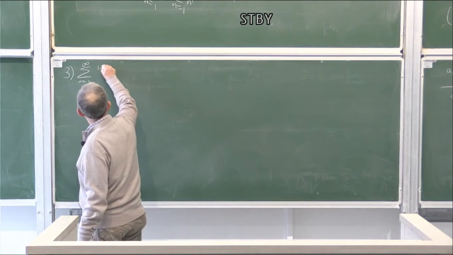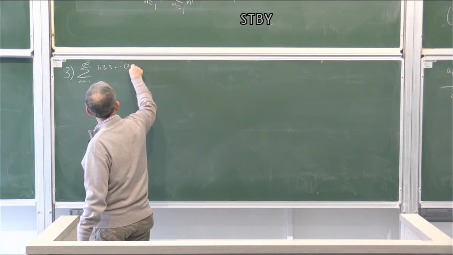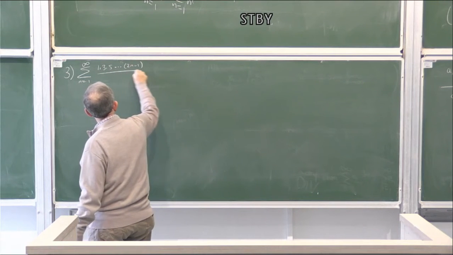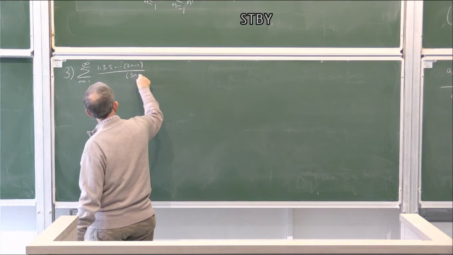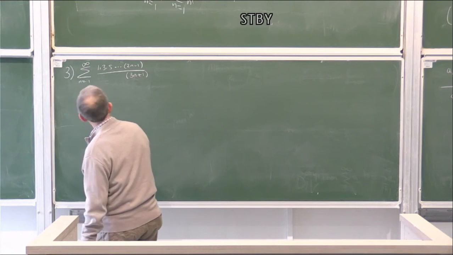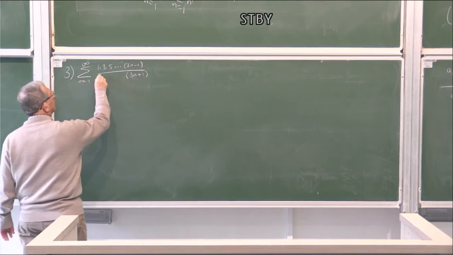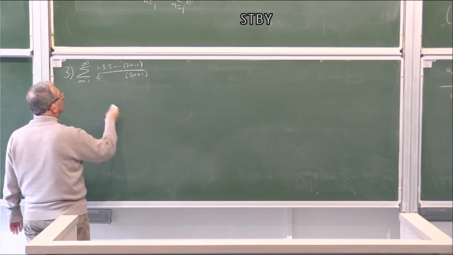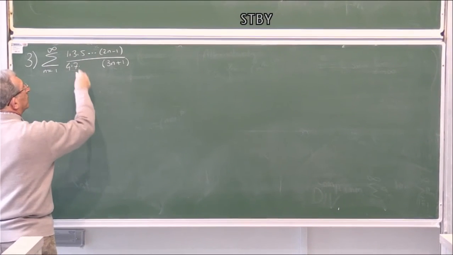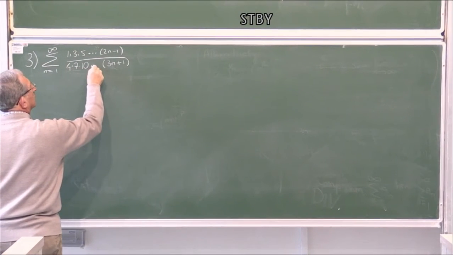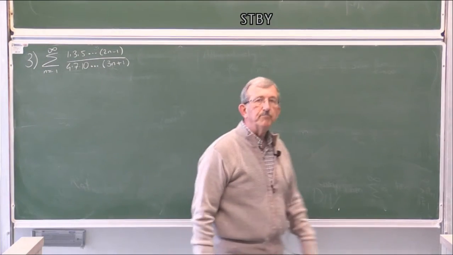So it is 1, 3, 5, up to 2n minus 1. And at the bottom, it is 4 times 7 up to 3n plus 1. So for the first term, when n is 1, you end up with 4. For the second one, you have 7. And for 3, you have 10, and so on. Complicated, it may seem.